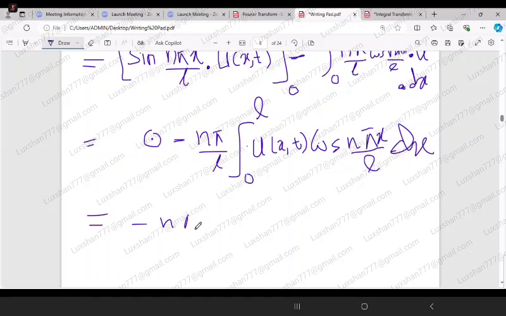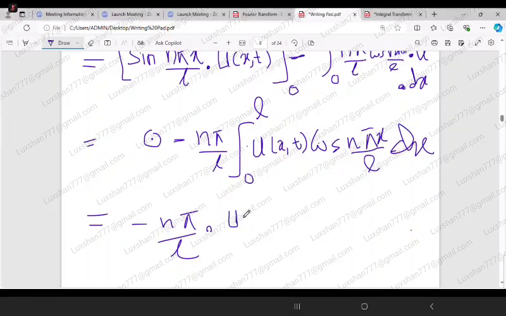So this is equal to nπ/L into what is this? Tell me quickly, we are running out of time again. Yes, that is the finite Fourier cosine transform.